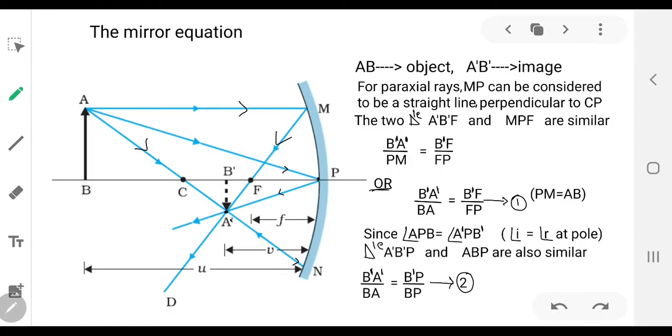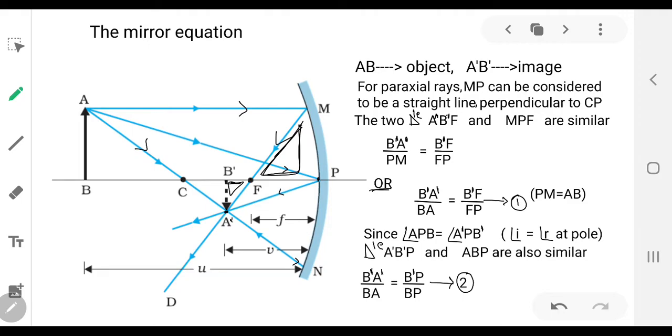Then take the two triangles: A dash B dash F, a small right angle triangle, and MPF. This is an almost straight line we are considering, so it becomes a perpendicular.